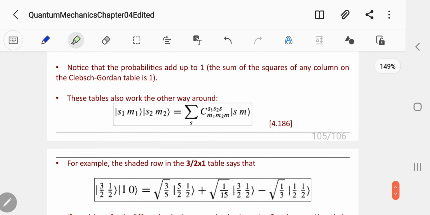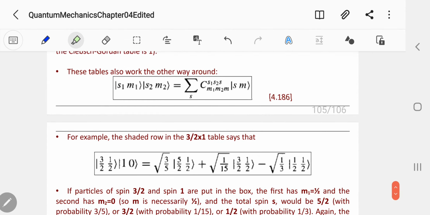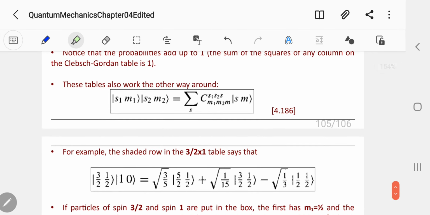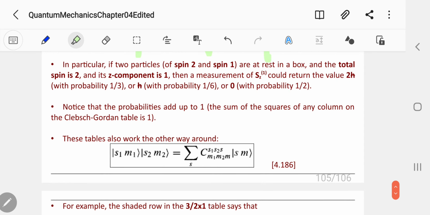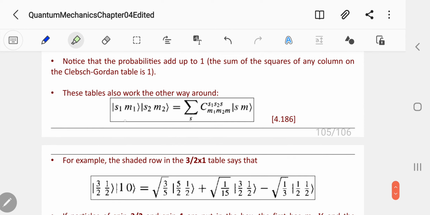So here, the shaded row in 3/2 by 1. If you want to multiply two spins, for example, two spin states S1 M1 and S2 M2, then it would also result in a linear combination of spin states.